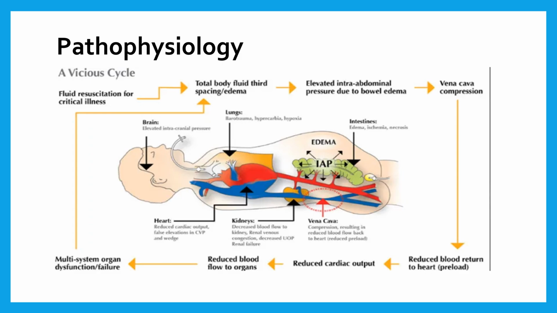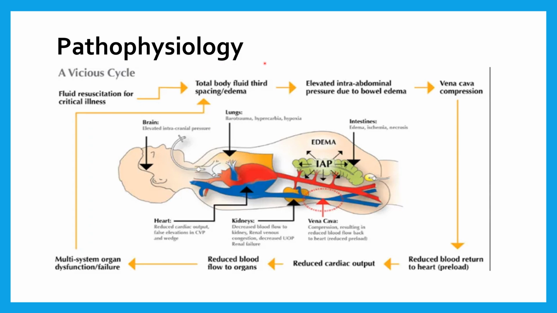And so let's think about the pathophysiology of abdominal compartment syndrome. What will happen if the intra-abdominal pressure increases? Let's think: we have a sick patient with hypotension due to sepsis, so we give fluid resuscitation to this critically ill patient.